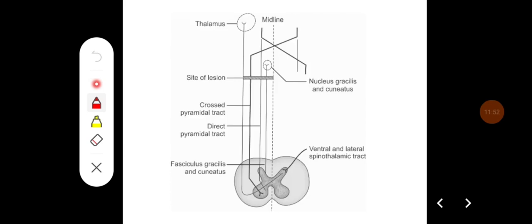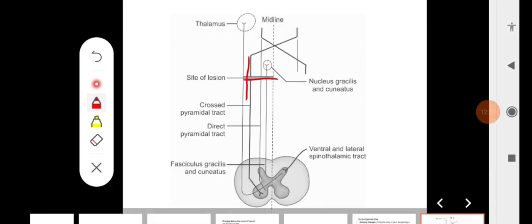This diagram shows the lesion and the involvement of the different tracts. On the same side, the dorsal column tracts are affected. The sensations carried by dorsal column tracts are lost, and the sensations carried by the ventral and lateral spinothalamic tract, that is pain and temperature, on the opposite side are lost because they cross over here, and there will be lower motor neuron type of injury.